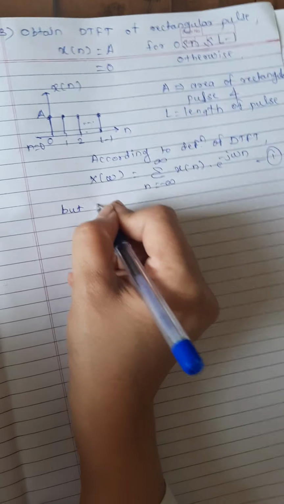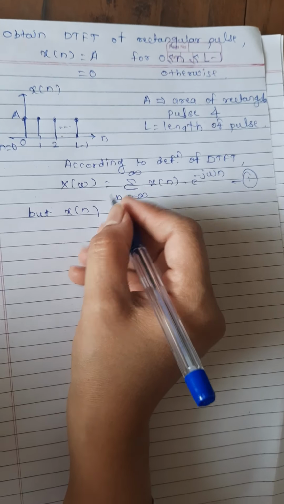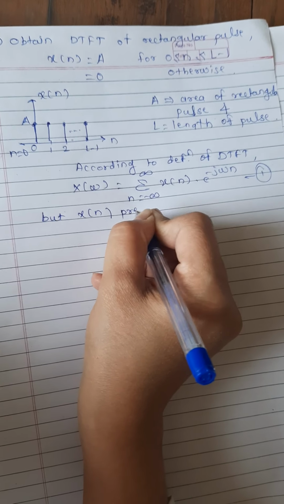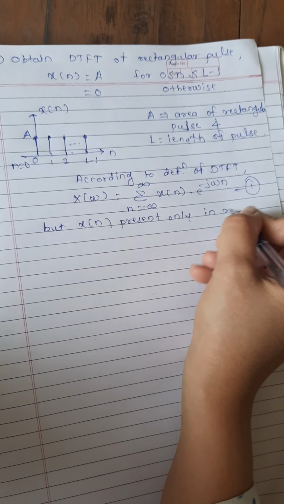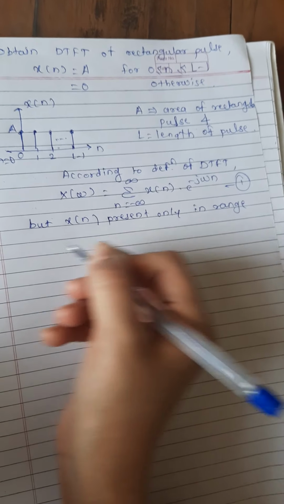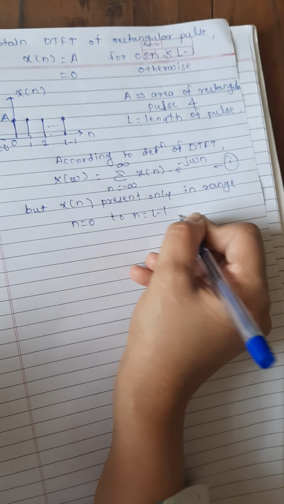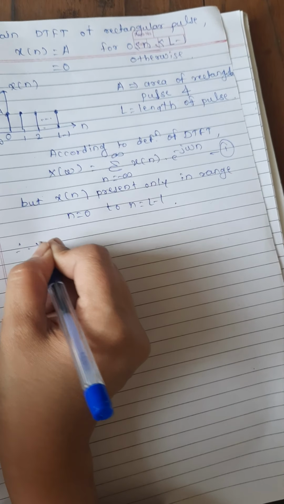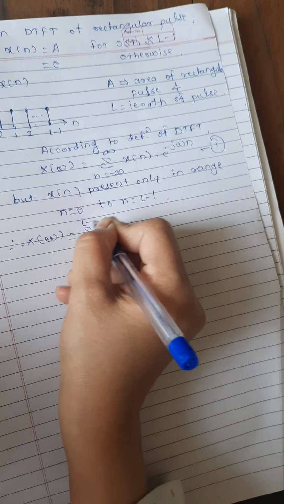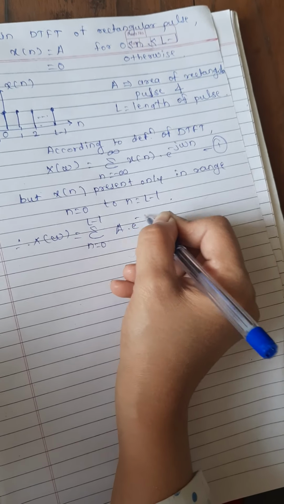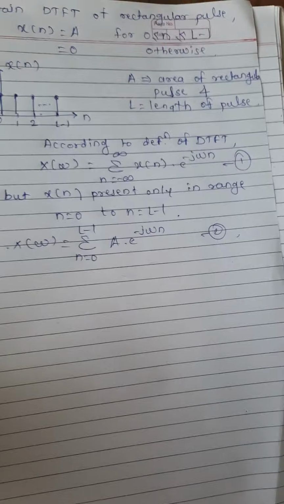Here x of n is present only in the range n equal to 0 to n equal to L minus 1. So the equation becomes summation from 0 to L minus 1 of A e raised to minus j omega n. This is equation number 2.